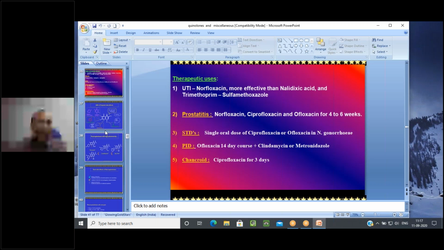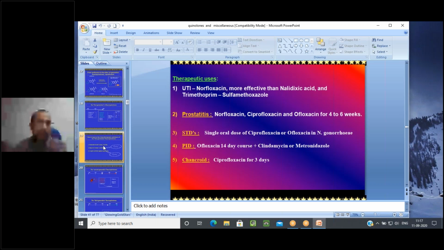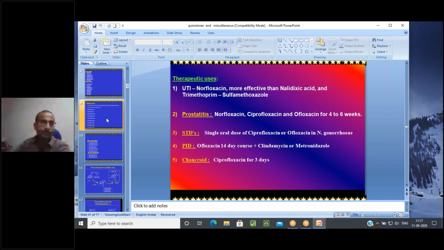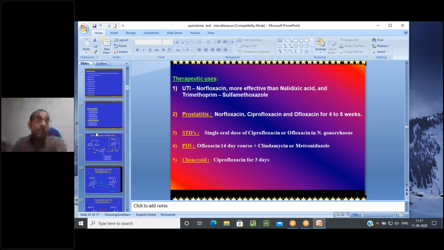Okay, so here the take home message will be: what is the mechanism of fluoroquinolones, what are the various generations of fluoroquinolones and their mode of action, what are the main side effects, what are the various individual drugs, and their kinetic profile.